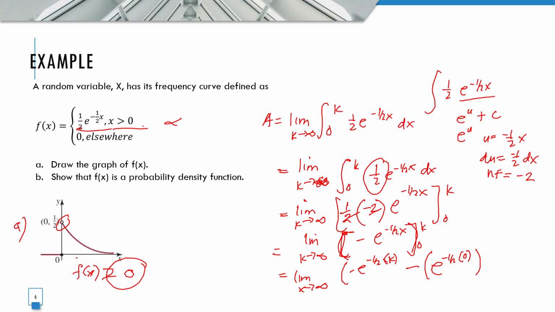This is still negative. So this is negative e raised to negative 1 half k.